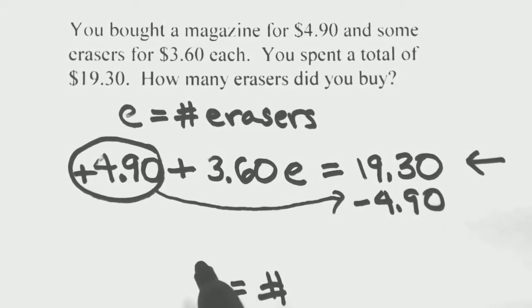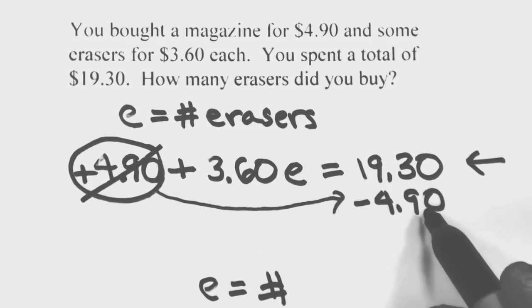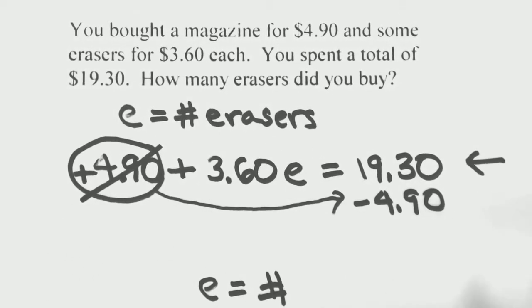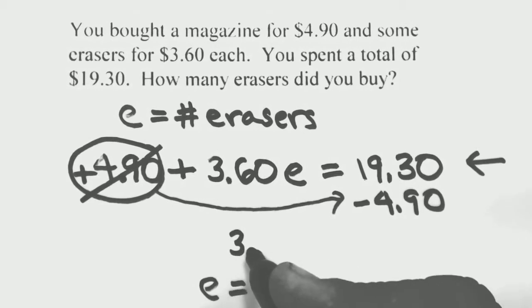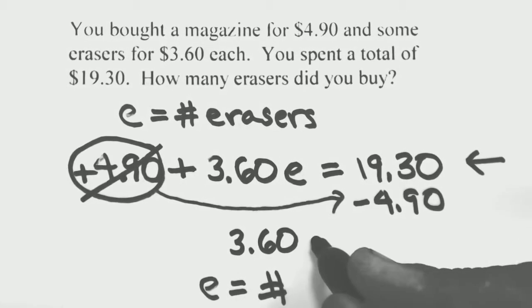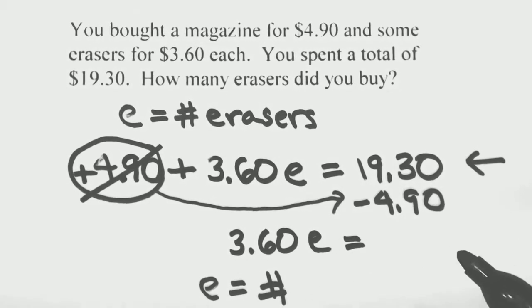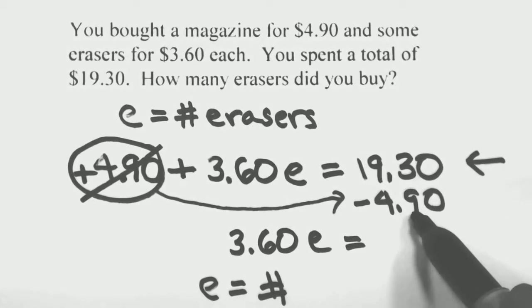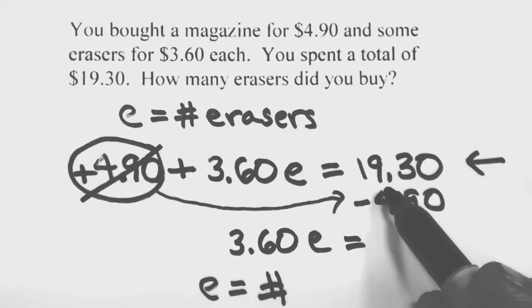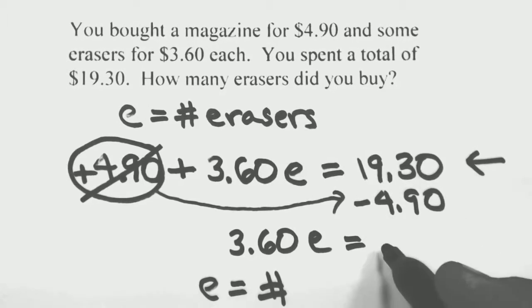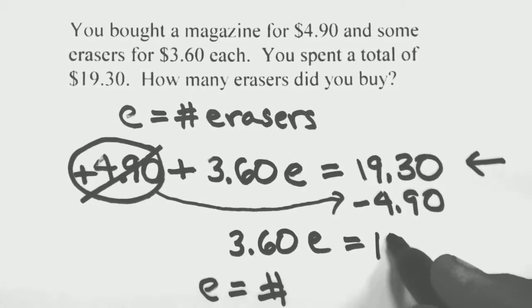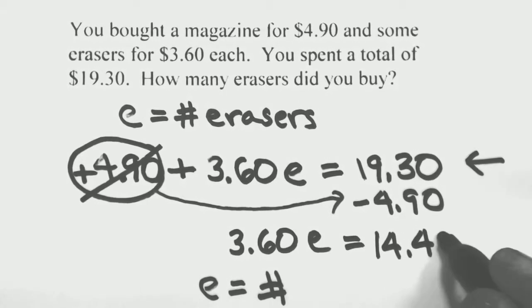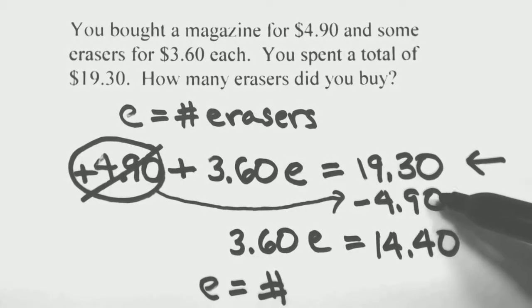So I end up with 3.60 E equals, well, now let's subtract this. If it was $5 we're subtracting, it would be $14.30, but we've got to add a dime. So I think we're going to have here $14.40.